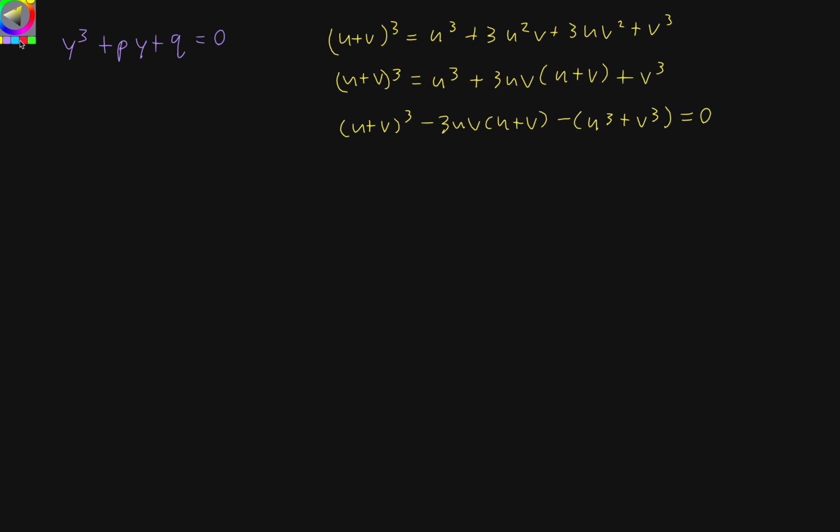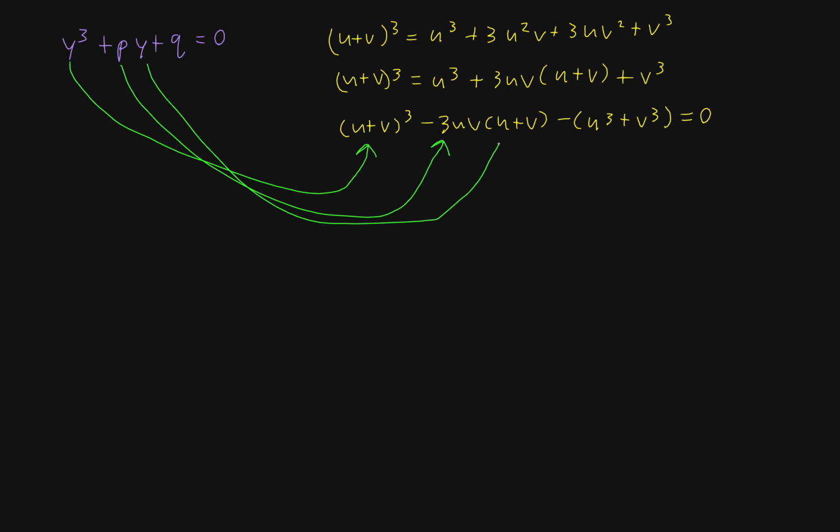And what we can see here is that this y pairs up with the u + v, this p pairs up with the −3uv, again the y with the u + v, and then the q pairs up with this over here. So if we can find u and v in this form according to our simplified cubic, then that means that it will actually be a perfect cube after all, and so we can properly solve it.